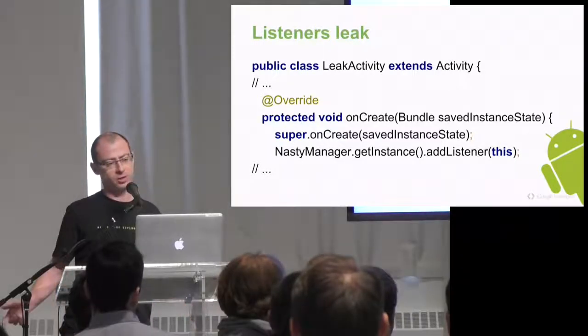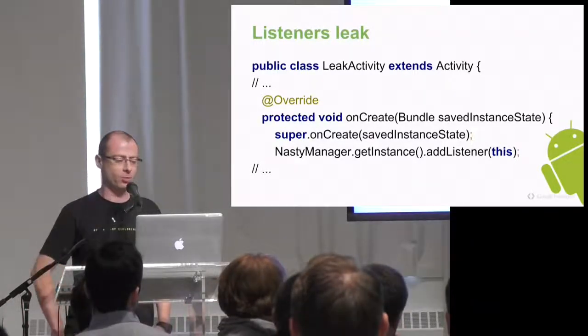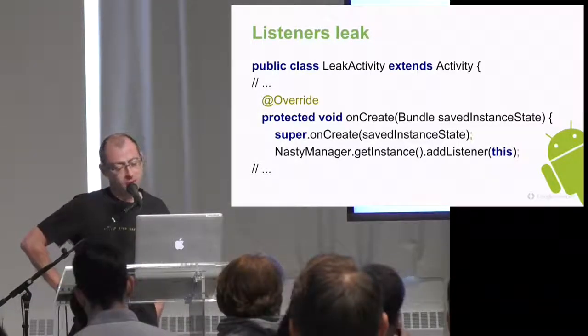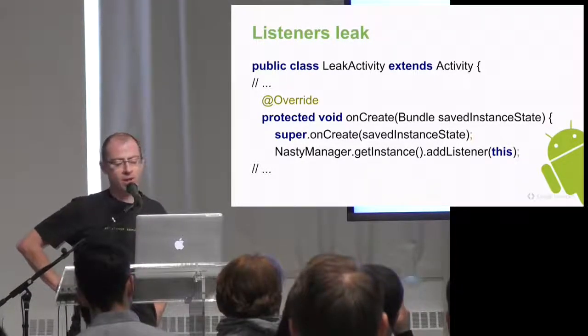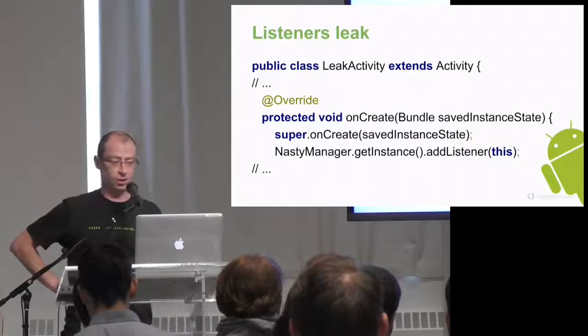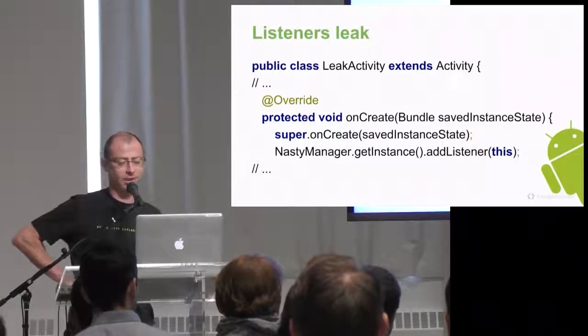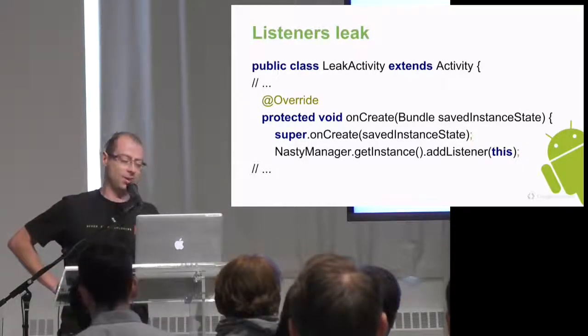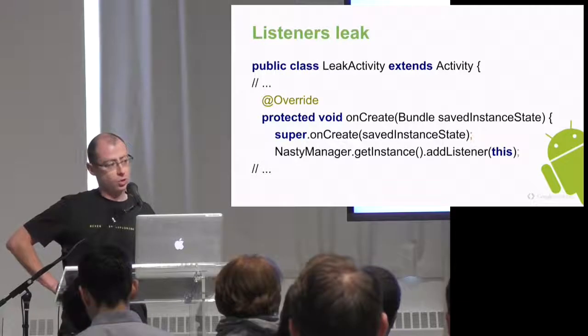The first and easiest way to make a memory leak is by leaking listeners. Say we have the following code. Public class LeakActivity extends Activity, and guess what? We have some nasty manager, unfortunately a singleton, and we add the activity to this manager by addListener(this).